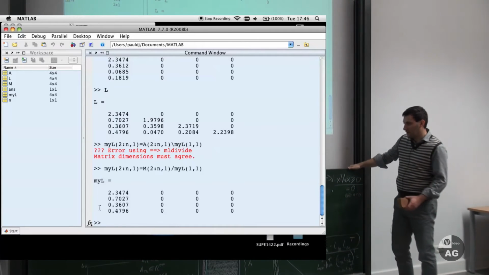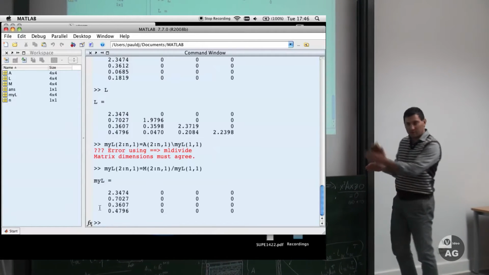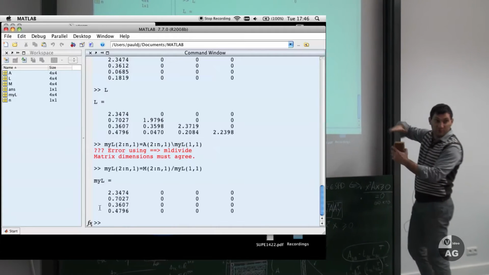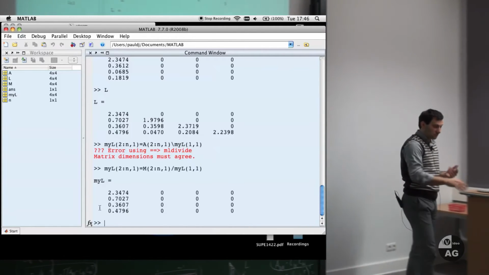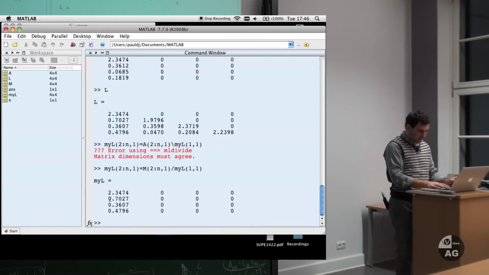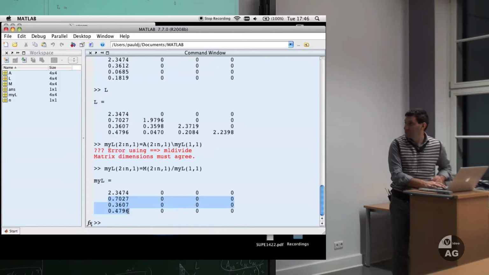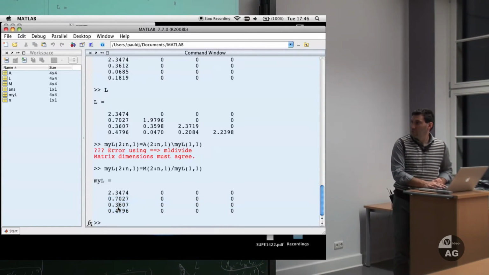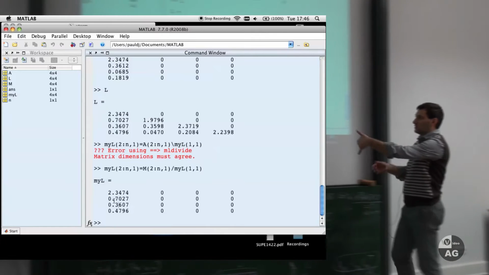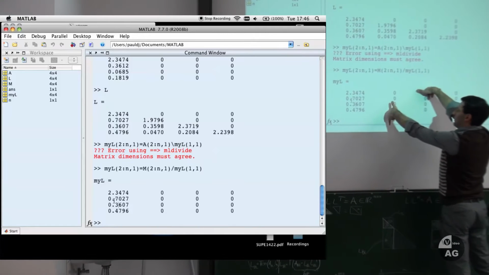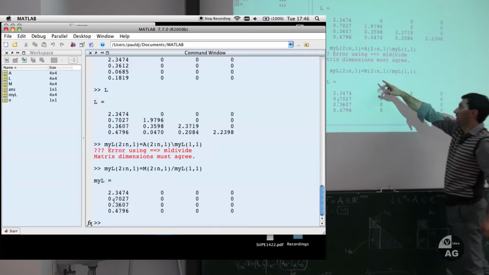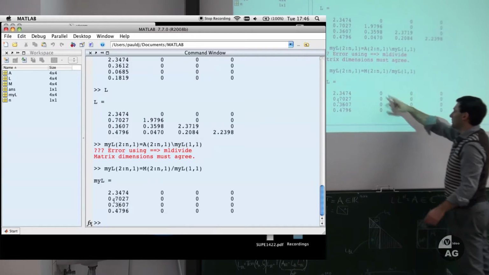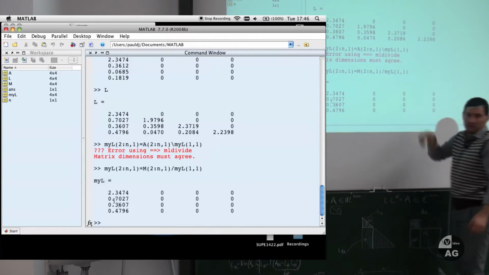Update. And I showed that the update is this vector times its transpose. We have to take these three elements, transpose them, and then update the corresponding portion in M with that.